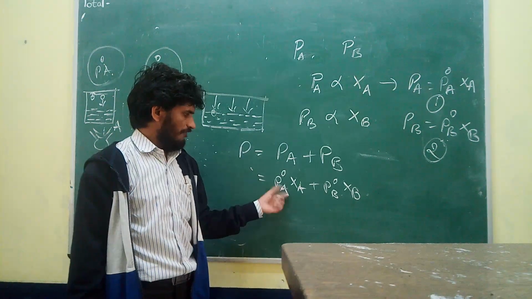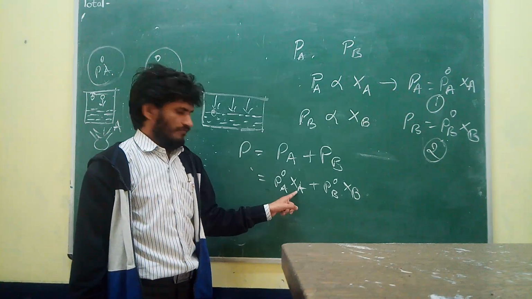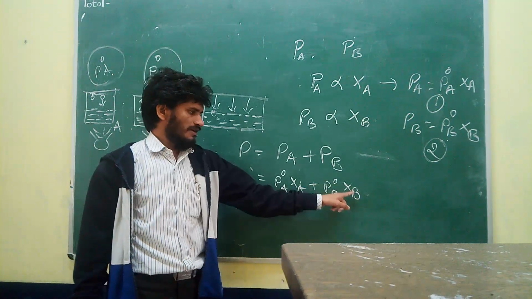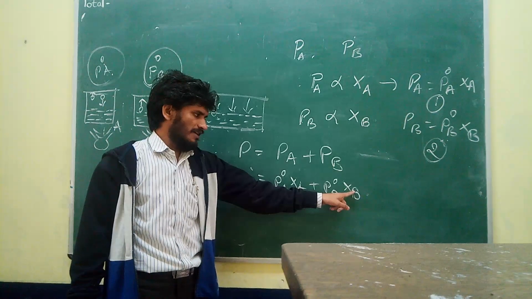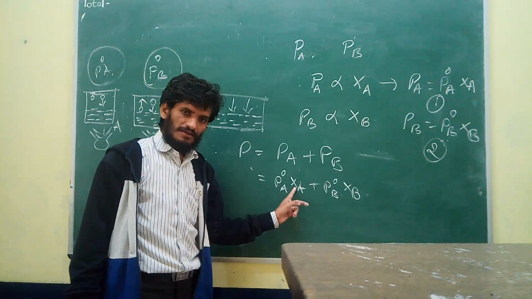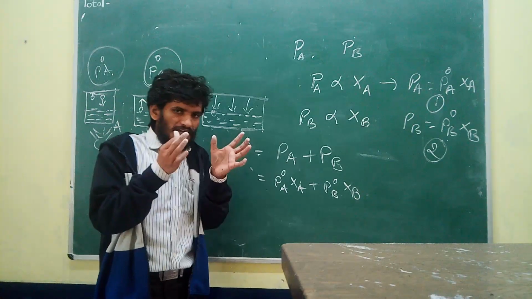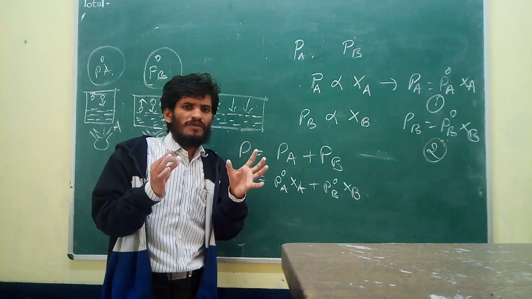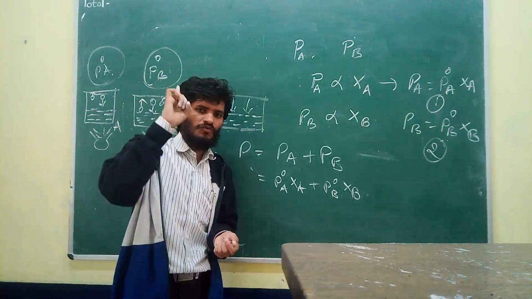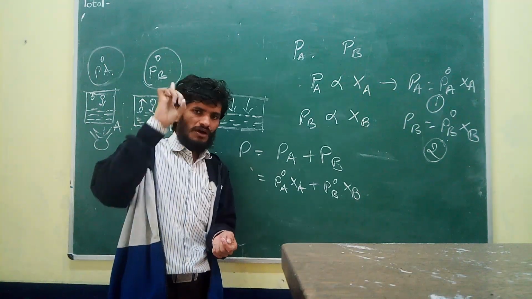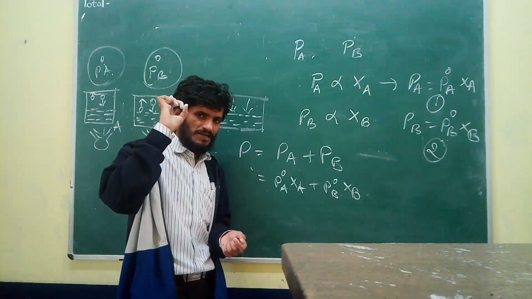So how do we modify this XA? We are going to convert XA into XB, or XB can be converted into XA. We know the mole fraction: when we take two components, the total mole fraction is always equal to 1. In 11th class also you have done numericals and I have explained it clearly.